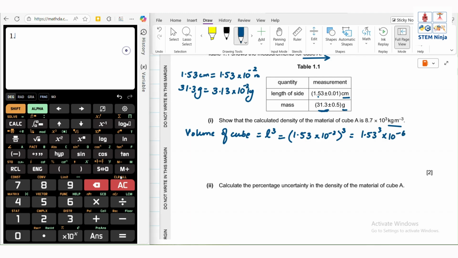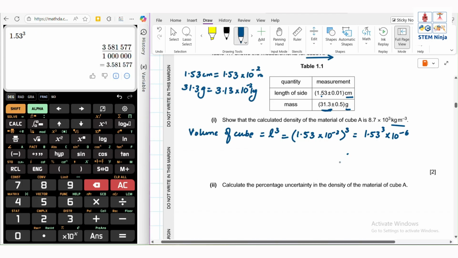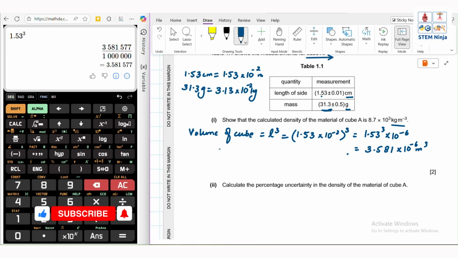All we have to do is calculate 1.53 cubed, so this would be 3.581 × 10^-6 m³. For intermediate values, we can keep a higher number of significant figures or decimal places.